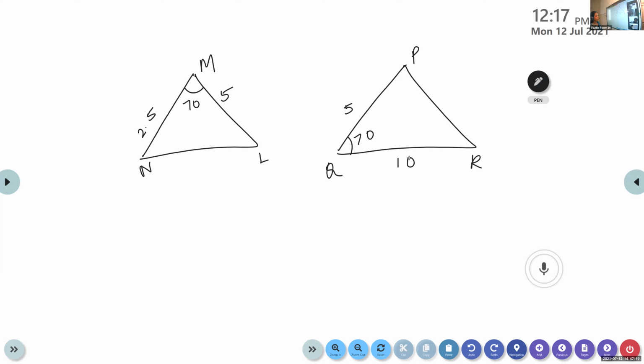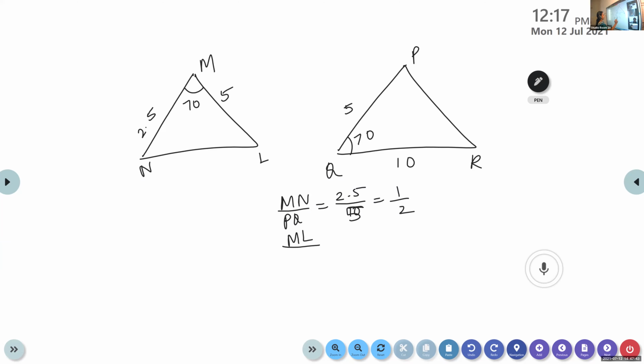Yes. Why? MN is double of PQ. Very good. MN by PQ is double. 2.5 by 10, which is 1 by 2. Then ML is double of QR. 2.5 and 5.